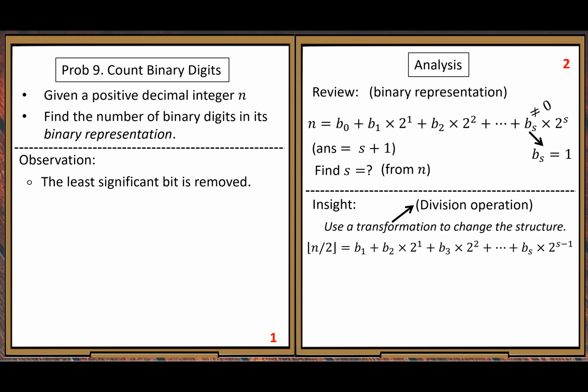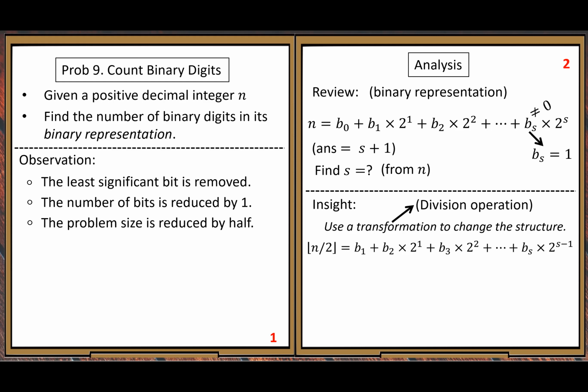After that division, the least significant bit disappears. One bit is gone, so the number of bits is reduced by 1. If you compare these two expressions, the number of bits differs by 1.